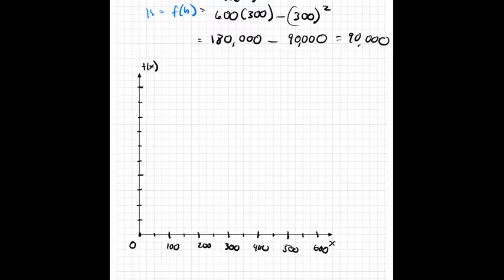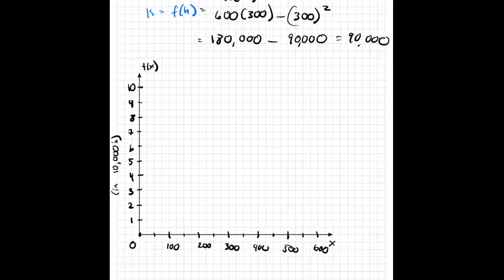We'll say in 10,000s. So this should be 10,000, 20,000, 30,000, 40,000, 50, 60, 70, 80, 90, 100,000.